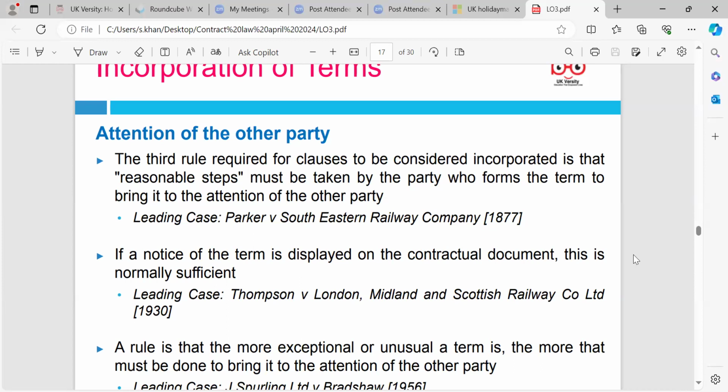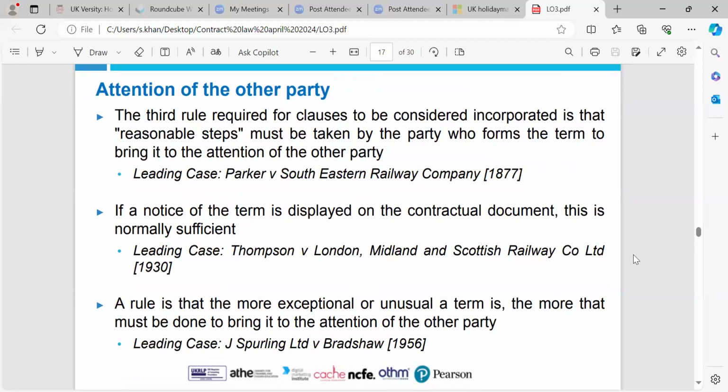If a notice of the term is displayed on the contractual document, this is normally sufficient. And the leading case on this is Thomson against London, Midland and Scottish Railway Company Limited, 1930.